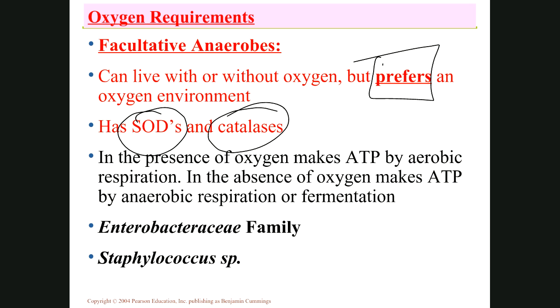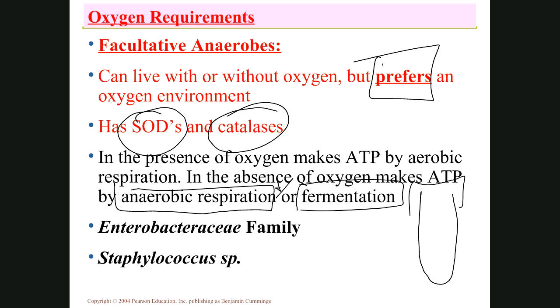When they don't have oxygen, they have to become less efficient, making ATP through anaerobic respiration and or fermentation. When you grow them in a tube, they're going to grow all over, with more growth on top because they're more efficient with oxygen.